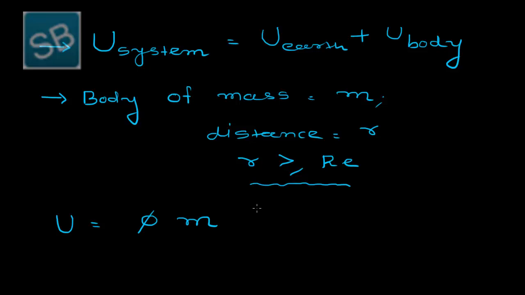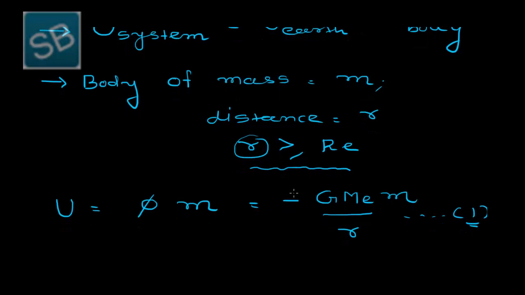We know the value of phi, that is minus GME over RE, into m. Here, first of all, I am writing this particular distance as small r. So this is my equation number 1, and here the negative sign is according to the definition.